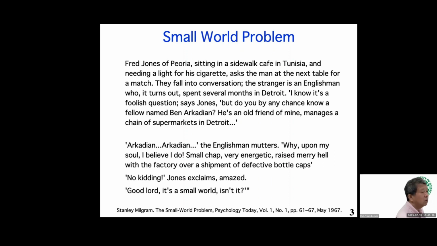He is an old friend of mine, manages a chain of supermarkets in Detroit." "Arcadian," the Englishman mutters. "Why, upon my soul, I believe I do. Small chap, very energetic, raised merry hell with the factory over a shipment of defective bottle caps." "No kidding," Jones exclaims, amazed. "Good Lord, it's a small world, isn't it?"